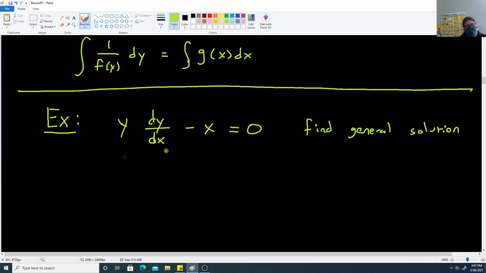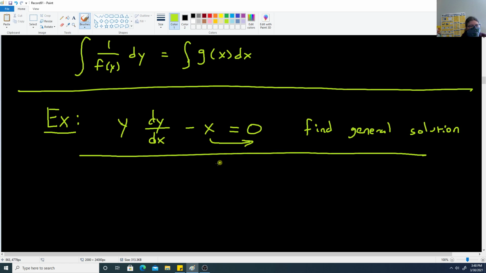The textbook tries to do four examples all at once, with four concepts tied together. I think what we'll do is a couple where we just find the general solution. Then we'll do a couple where we find the general solution with a couple extra bits of information, and then we'll go back and pick up some of the other topics. So we're going to try to solve this by getting the x stuff on one side.